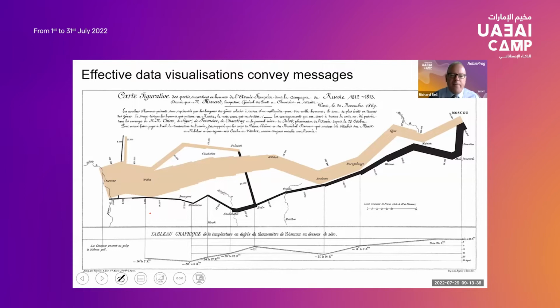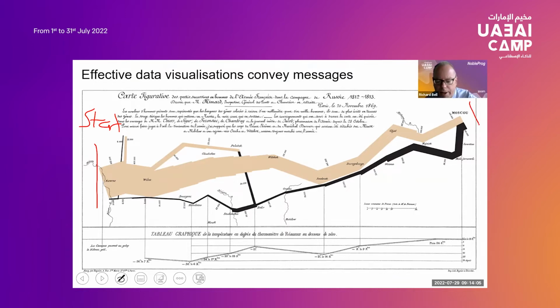Let me then show a visualization that was put together in the 1860s. What this is doing is representing the start of the campaign with the light brown line, the march from Lithuania to Moscow.